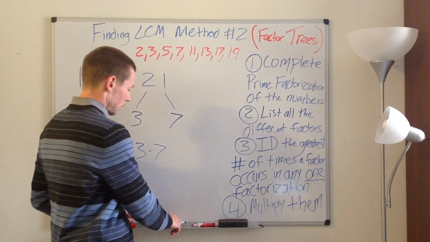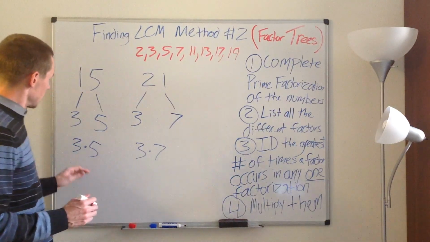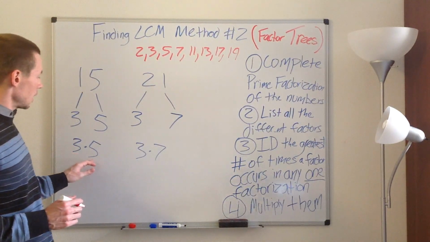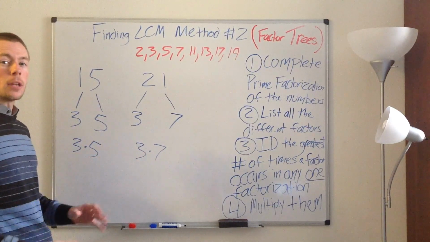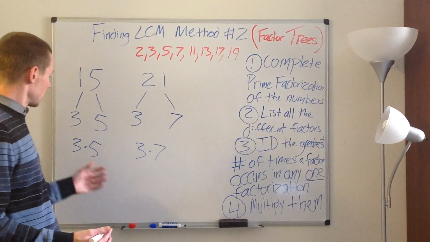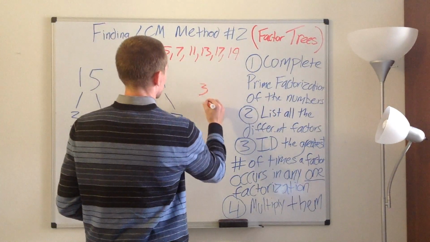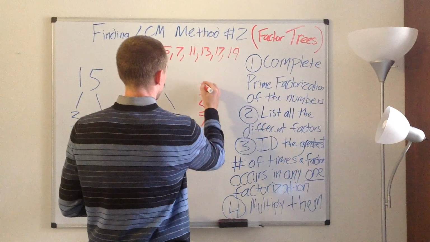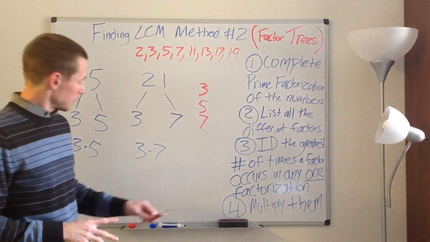Step 2. List all the different factors. Okay? Well, we have a 3, a 5, a 3, and a 7. We have a total of 4 numbers, but we only have 3 different numbers. The 3, the 5, and the 7. So that's step 2.